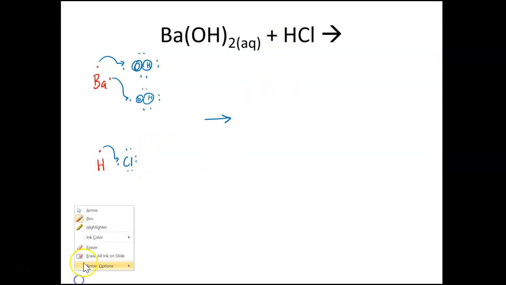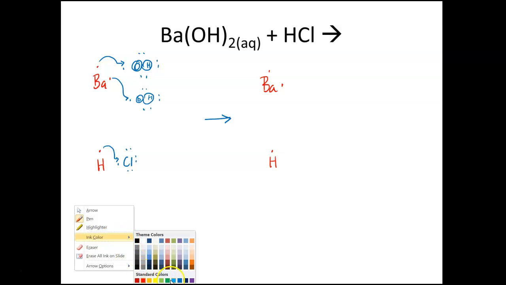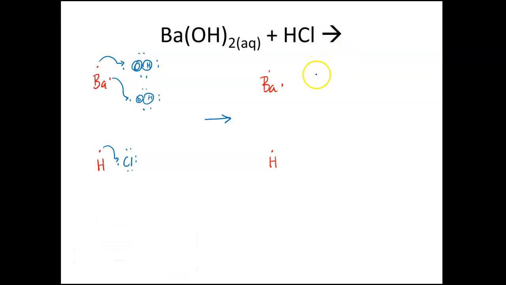So we need to make certain, remember, that positives are attracted to negatives, or in other words, whichever wants to lose electrons is attracted to what's going to gain electrons. And barium, remember, has 2 valence electrons. I'll go ahead and draw the hydrogen too. Now let's do our anions.